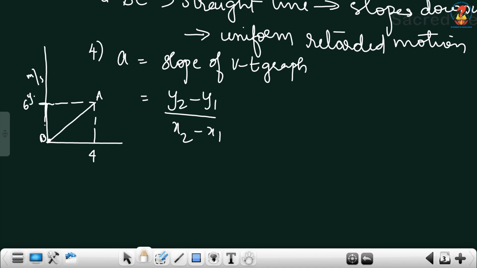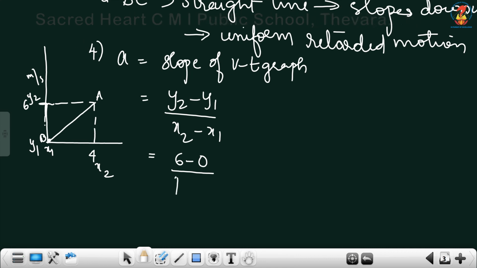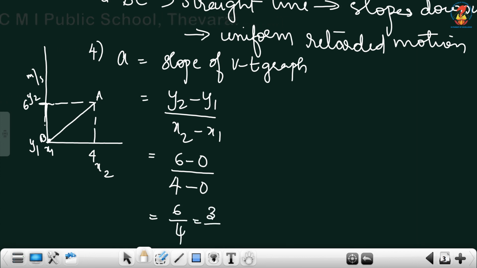So, y2 is 6 minus 0 divided by x2 is 4 minus 0, that is equal to 6 by 4, 3 by 2, that is equal to 1.5 meter per second square.